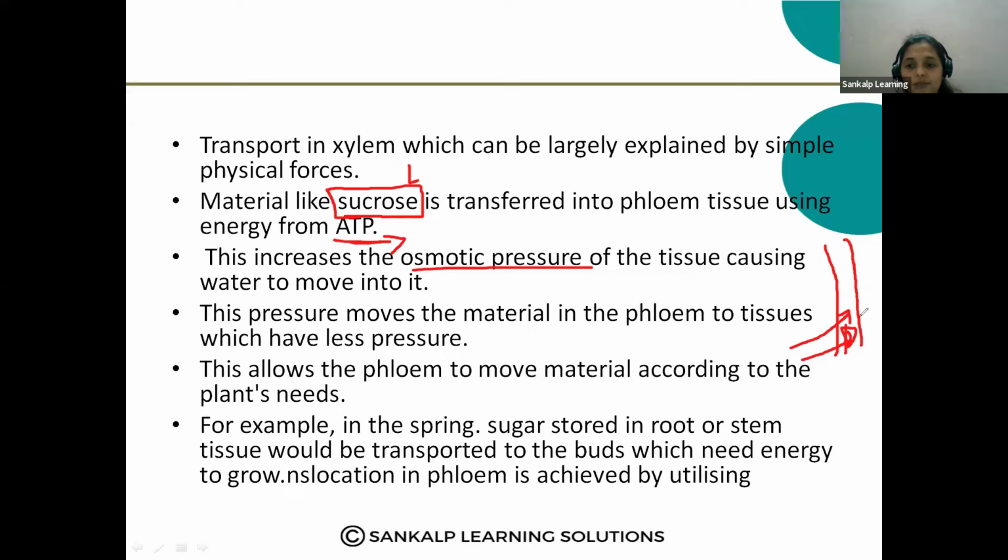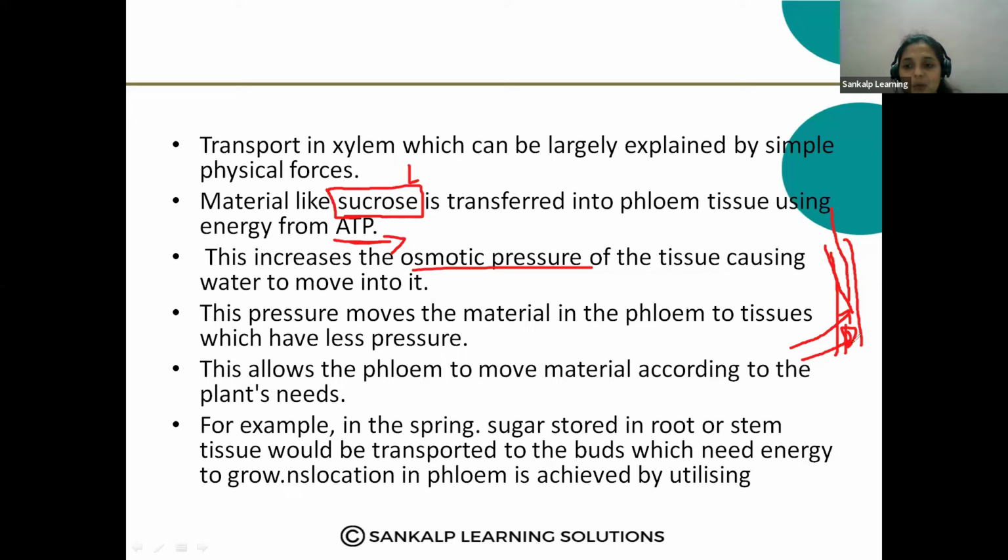So inside the phloem there is a creation of high pressure. Due to the high osmotic pressure, the water and the food materials are able to move towards the area which has less pressure. Now the food material is moving from the high pressure area to the low pressure area.